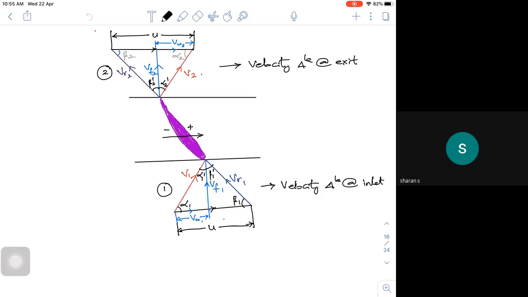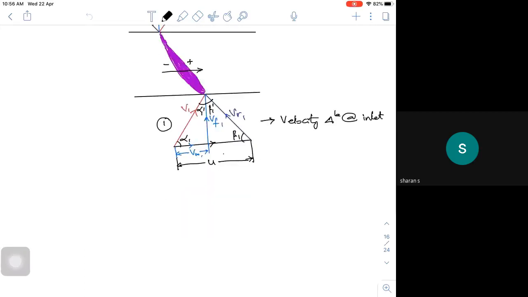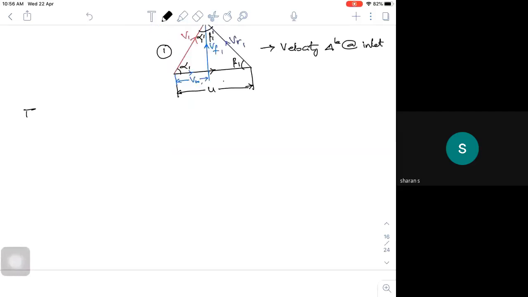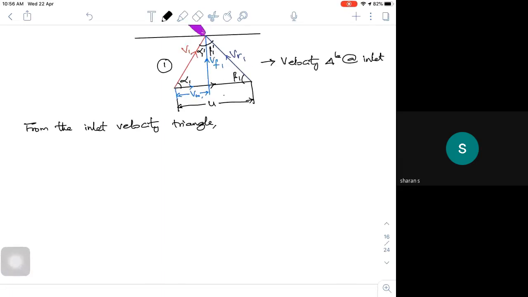Once you have this velocity triangle, from the inlet velocity triangle we have this formula: U by VF is equal to tan alpha 1 dash plus tan beta 1 dash.